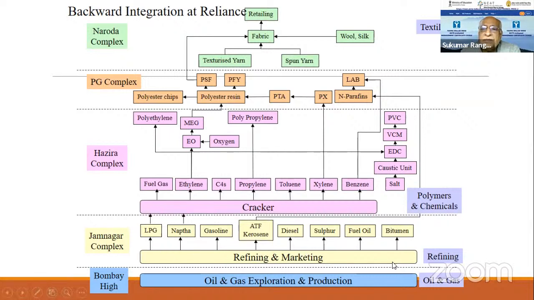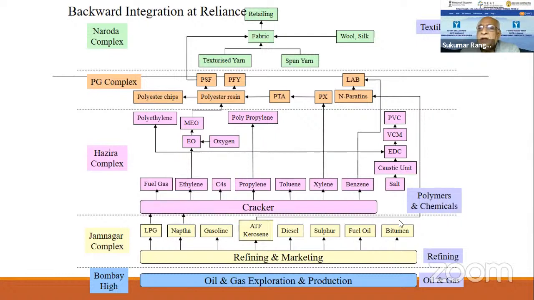Now, the output of the oil refining is basically gasoline, diesel, and ATF, the kerosene which is used in aircraft for flying. Then other byproducts are naphtha, liquefied petroleum gas, sulfur, fuel oil, bitumen. All this comes out of the refinery.